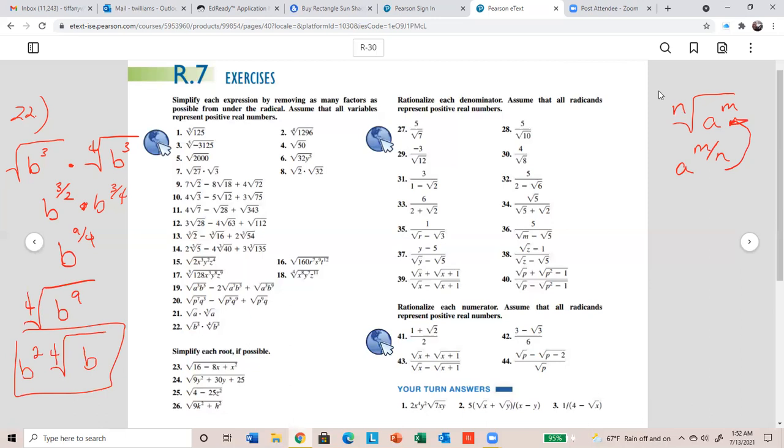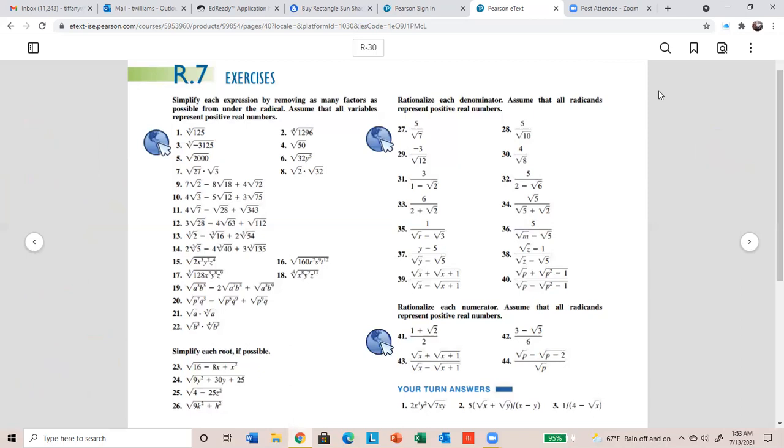Let's do number 24. 24 is different. The directions ask us to simplify each root if possible.